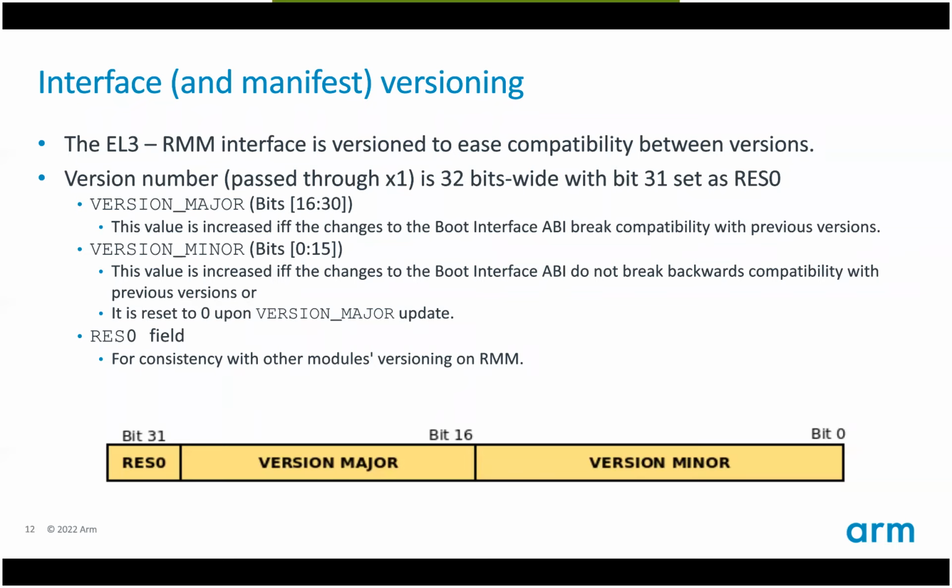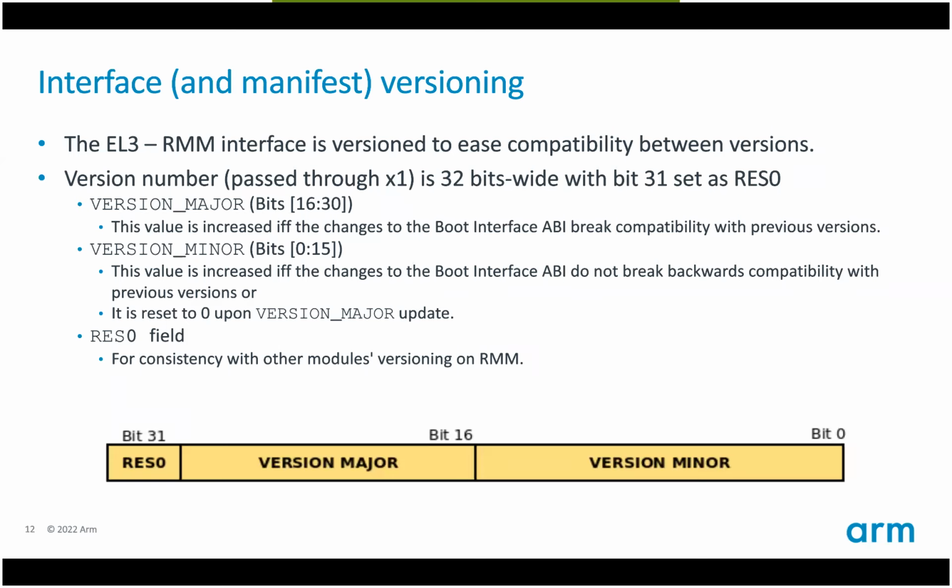We have the version major, which goes from bits 16 to 30. This value is increased if and only if the changes that we make to the boot interface ABI break compatibility with previous versions, which means that we also have to update EL3 firmware. Version minor goes from bits 0 to 15. This value is increased if and only if the changes that we make to the boot interface ABI do not break backwards compatibility with previous versions, or it is reset to 0 if the version major is updated.